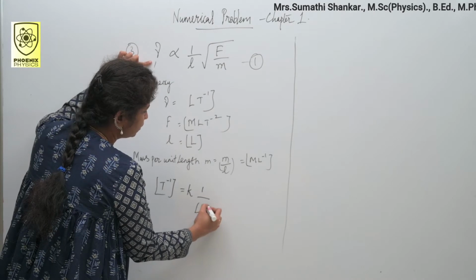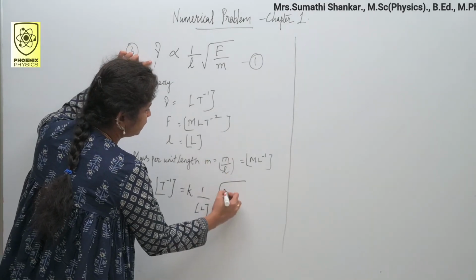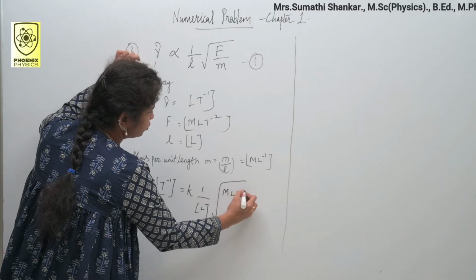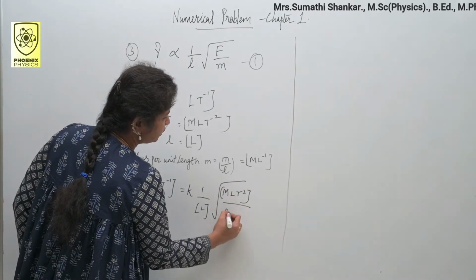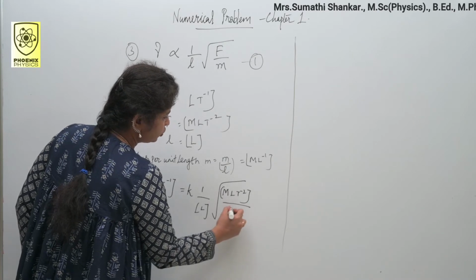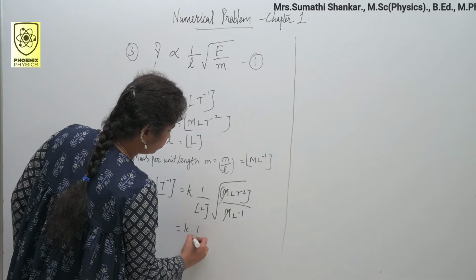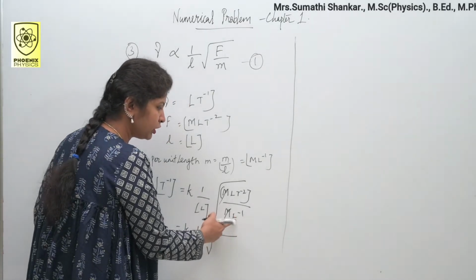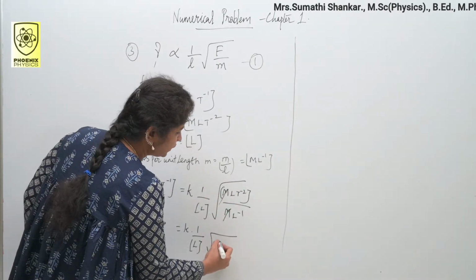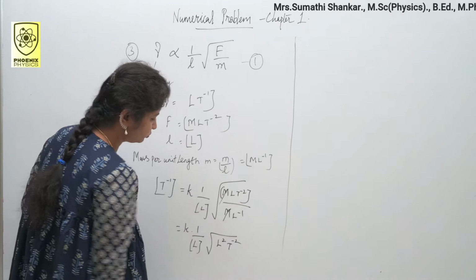Capital L. Then root of F is M L T minus 2 divided by M is M L power minus 1. So cancel this M. So K into 1 by L square root of, bring this L power minus 1 to numerator, that is L square T power minus 2.